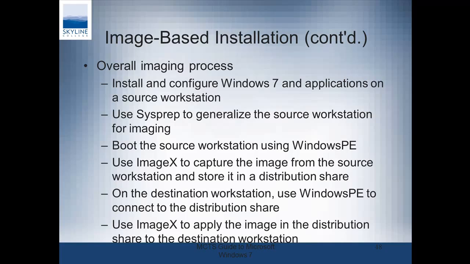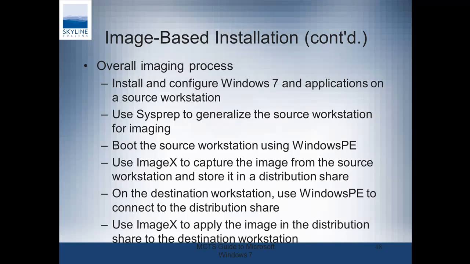The overall process: install Windows, put your applications on it, SysPrep it, and when you do SysPrep, it'll ask if you want to reboot or shut it down. If you're going to save everything, you're going to shut it down, then you're going to boot with your Windows PE disk, run ImageX, and capture the image someplace. It can be on a network share, it can be on that hard drive on that machine.